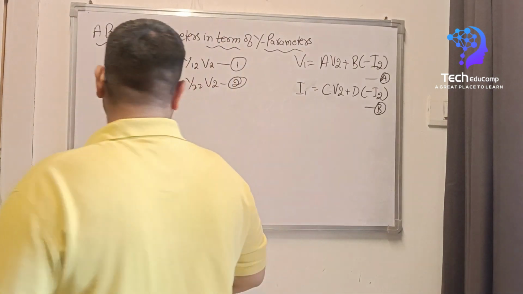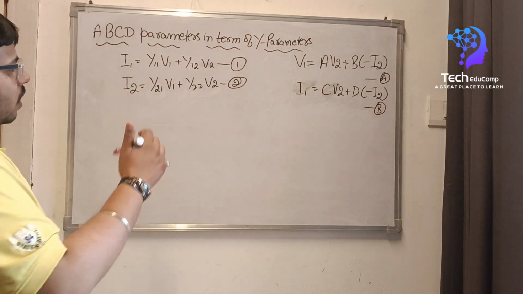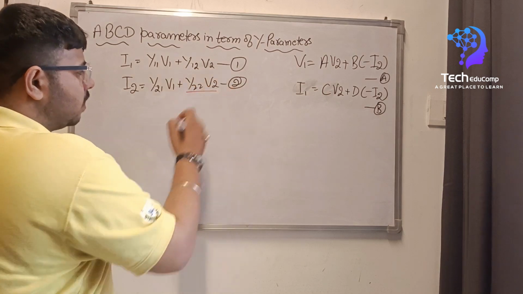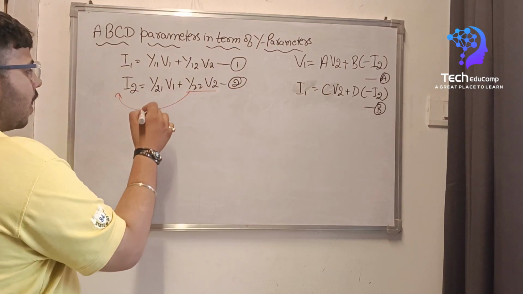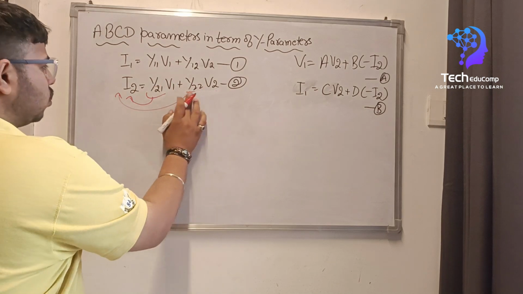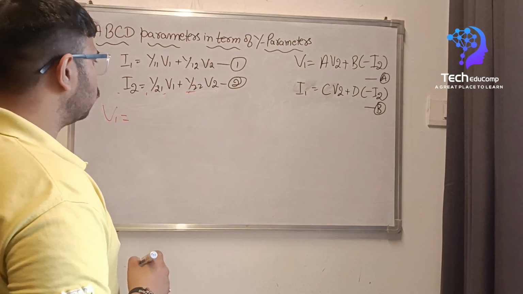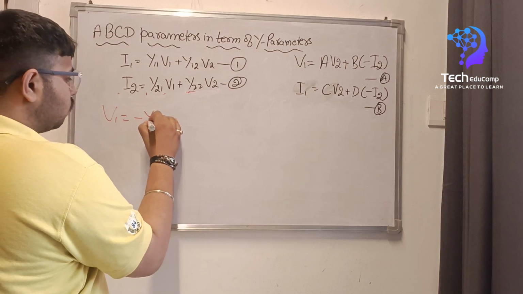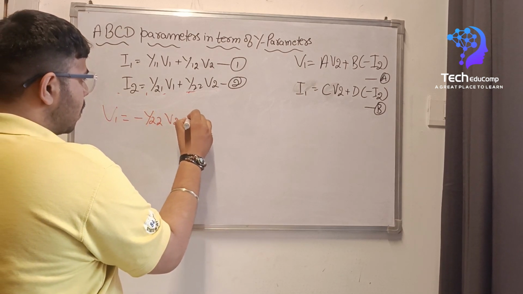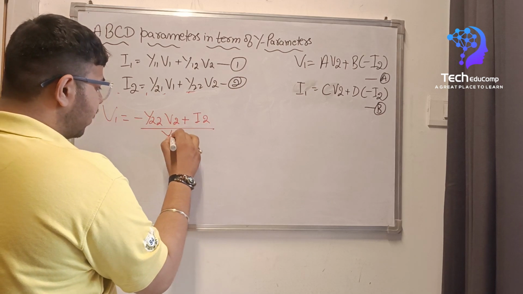So what we can do here is take this term and divide by this term. Rewriting equation 2, we have V1 is equal to minus Y22 V2 plus I2, divided by Y21.